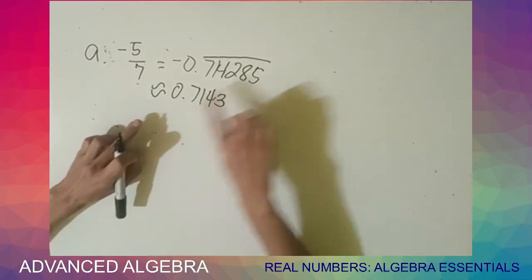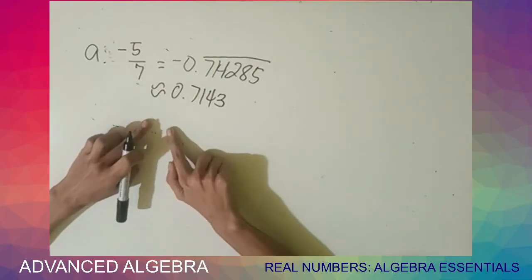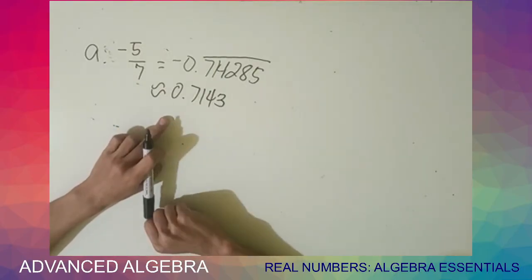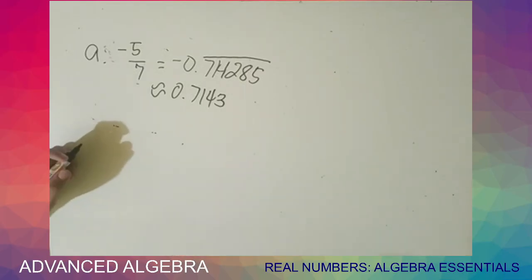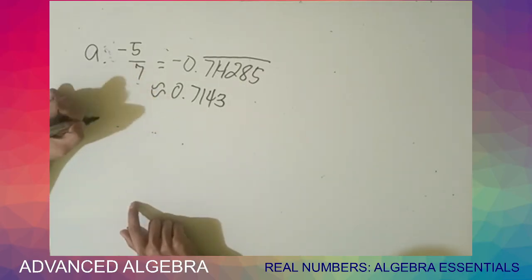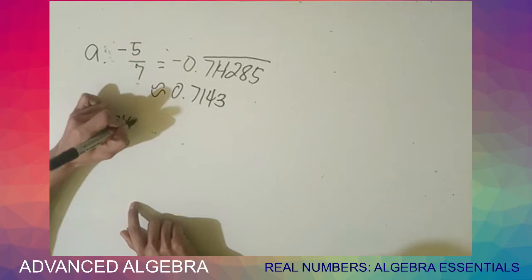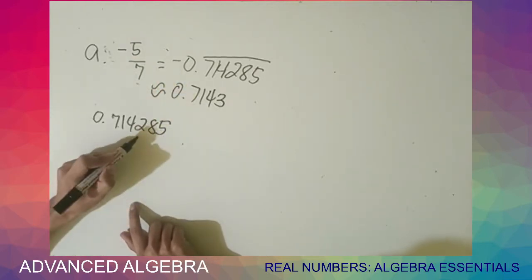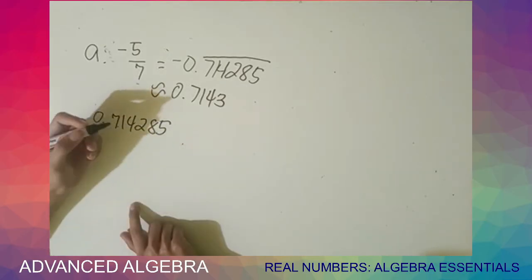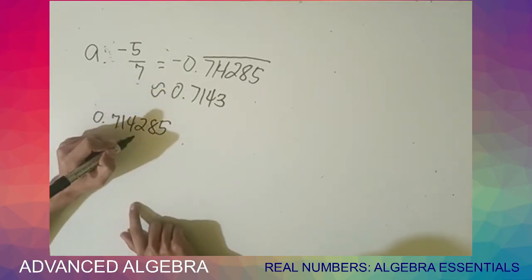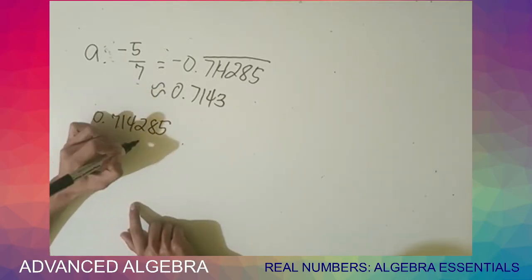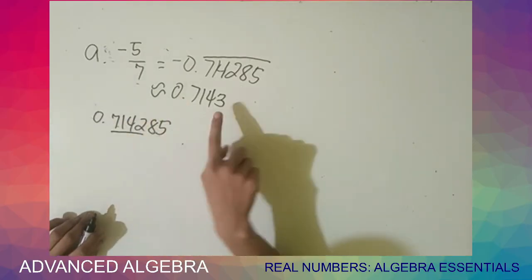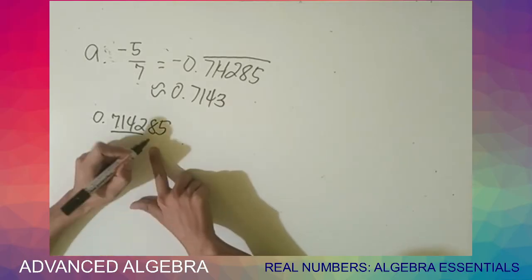So, imbes na gumamit tayo ng bar, in-approximate na lang natin or ni-round off natin in 4 decimal places. So, paano siya i-convert? So, tingnan natin yung example. 0.714285. So, i-round off natin in 4 decimal places. So, tingnan natin to. 7142, eh naging 3. So, bakit? Titingnan natin yung kasunod.